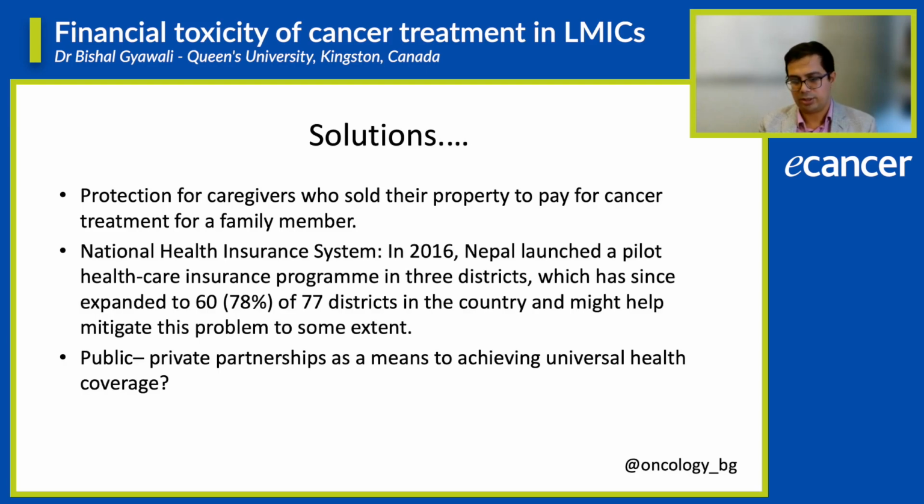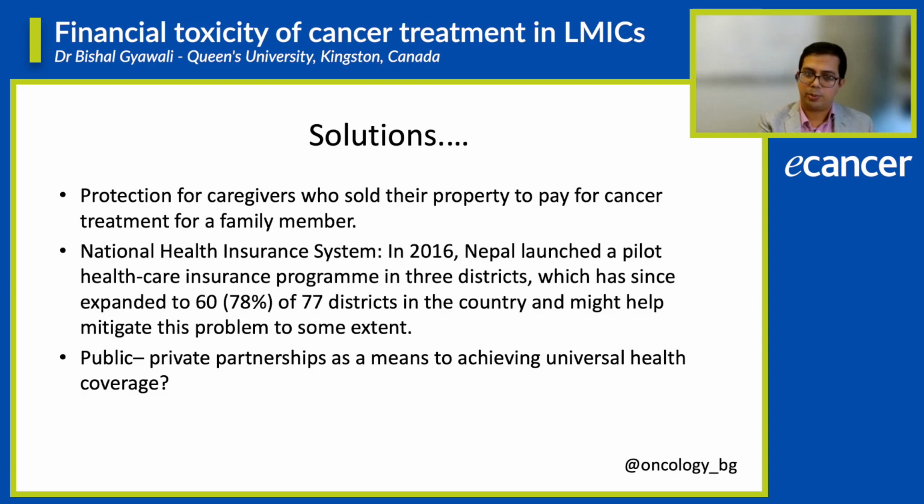Now they don't have their family member and they also don't have their property. This also speaks for the need of a national health insurance system. And in fact, in 2016, Nepal did launch a pilot health insurance program in 3 districts, which has now expanded to cover almost 78% of all the districts in the country. And once it reaches 100% coverage, it might help mitigate this problem to some extent.